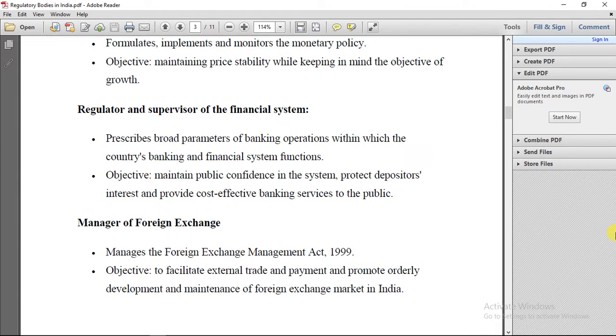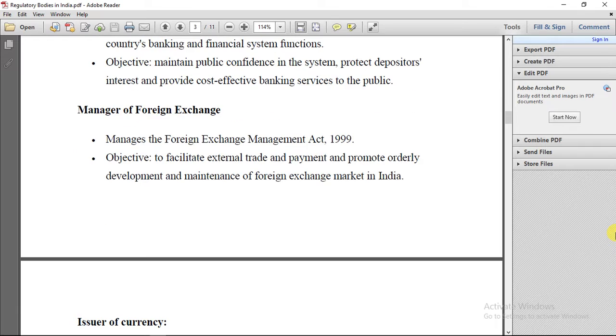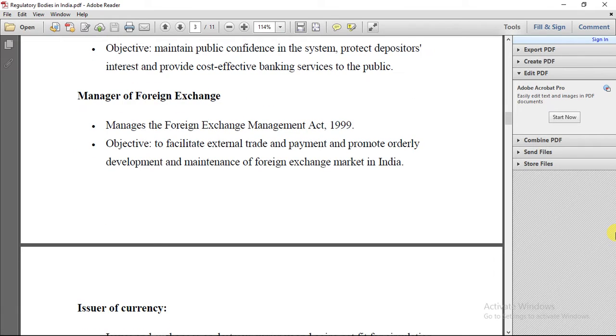It prescribes broad parameters of banking operations within which the country's banking and financial system functions. So now the objectives are to maintain public confidence in the system, protect depositors' interest and provide cost-effective banking services to the public.